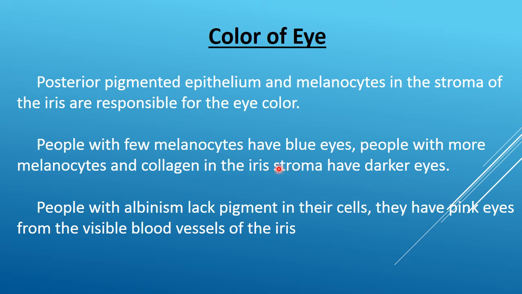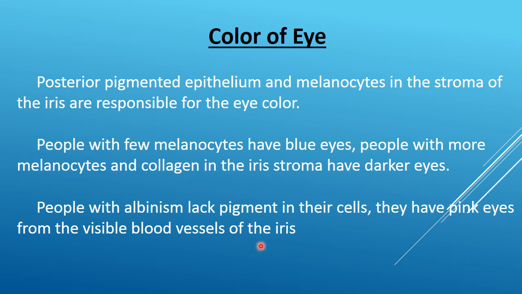So actually the iris can be, according to the amount of melanocytes, from blue eyes to gray, and then if there is a very high amount of melanocytes, it gives brown to dark or black colored eyes. In people where there is a deficiency of that pigment, they lack the melanocyte pigment in their cells, that is a condition known as albinism. In albinos, you can see their eyes are pink in color.